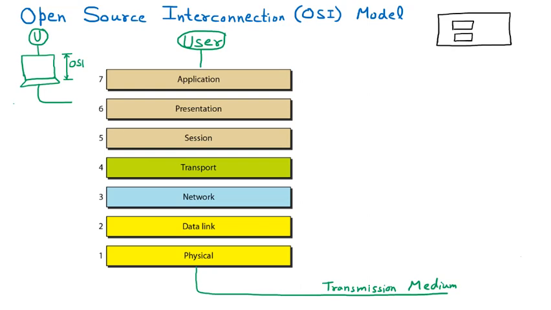And to reach that, first of all, we enter the URL, www.facebook.com. That means the URL is part of the application layer.